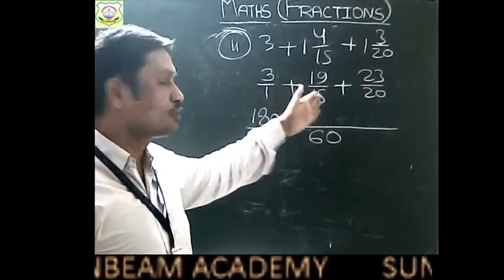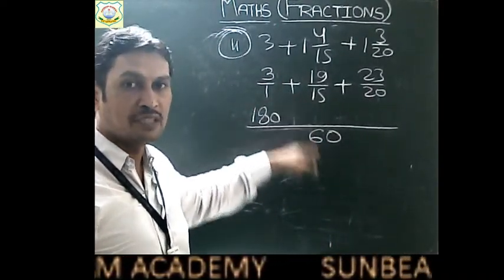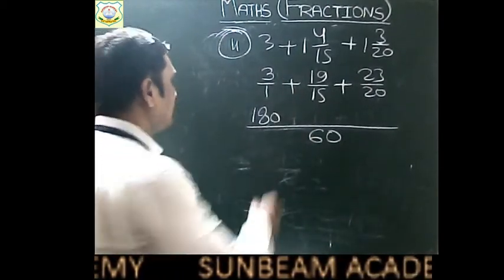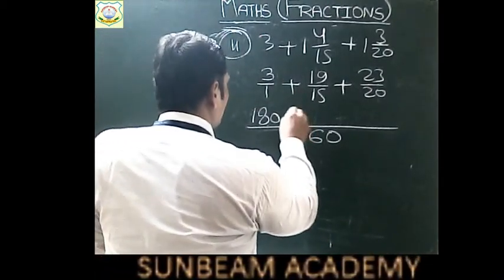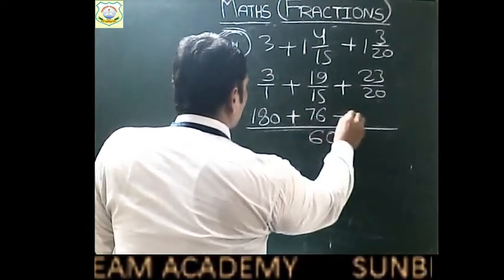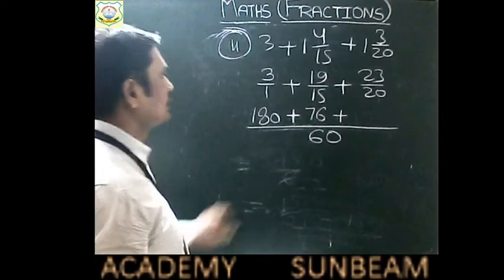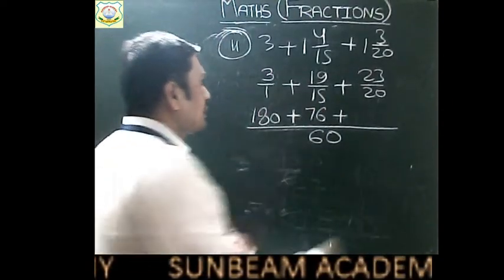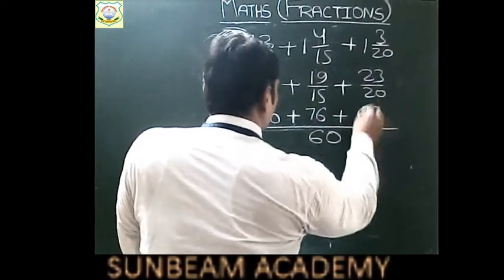And the same process you have to follow here also. 15 times 4 is 60, 4 will come, 4 into numerator 19 will give what, children? 19 times 4 is 76, plus 20 times 3 is 60, 3 will come, 3 into 23 will give 69.